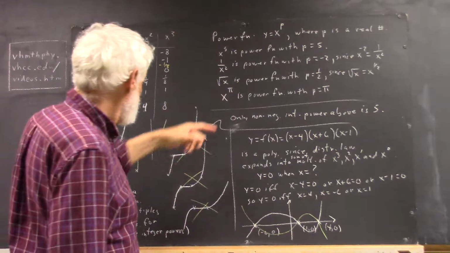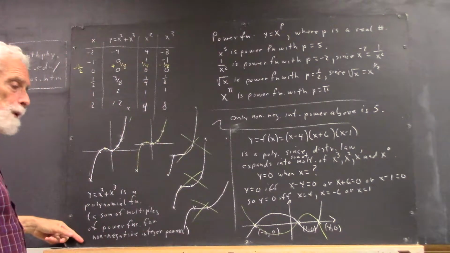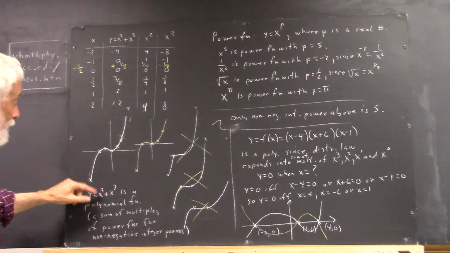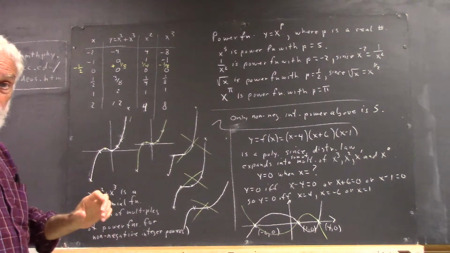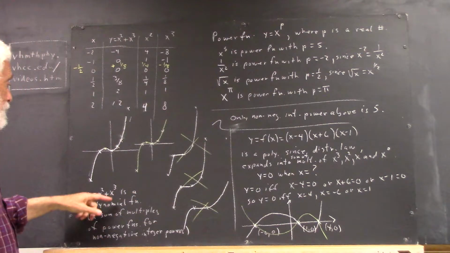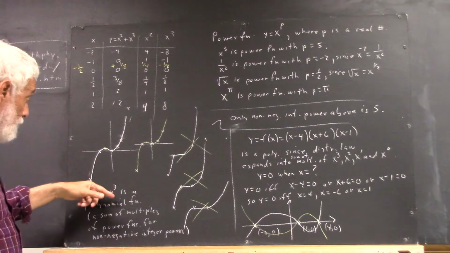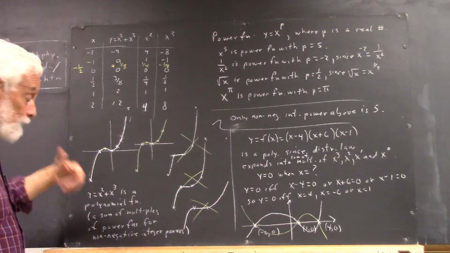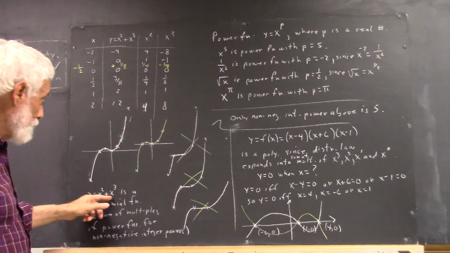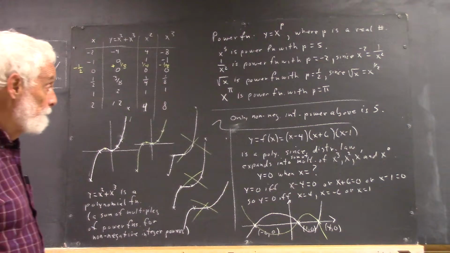So when we define polynomials, this is a polynomial because x squared is a power function for p equal to 2, and 2 is a non-negative integer. And x to the 3, 3 is a non-negative integer, so this sum forms a polynomial.